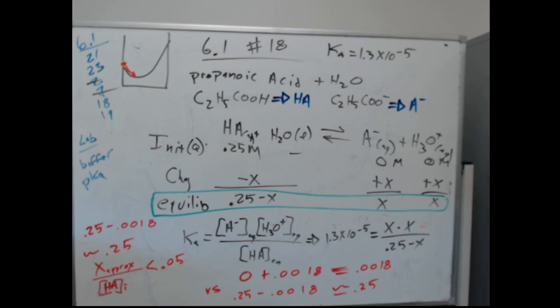Now, in this class, I'll try to only do examples where the x is small approximation is valid. If you take third quarter chemistry, Chem126 or Chem129, whichever one you take, we will get into specific situations where we have to do this comparison and say whether x is small is good or bad.